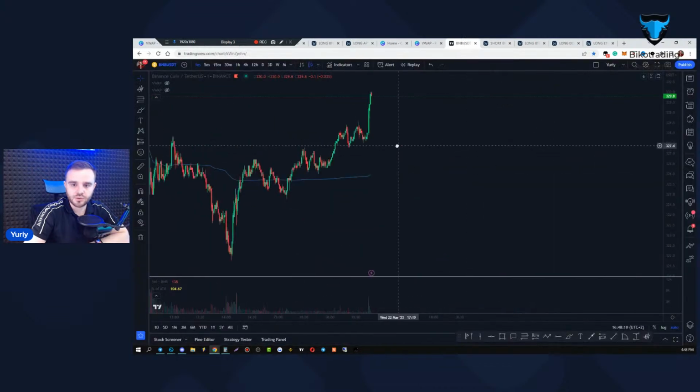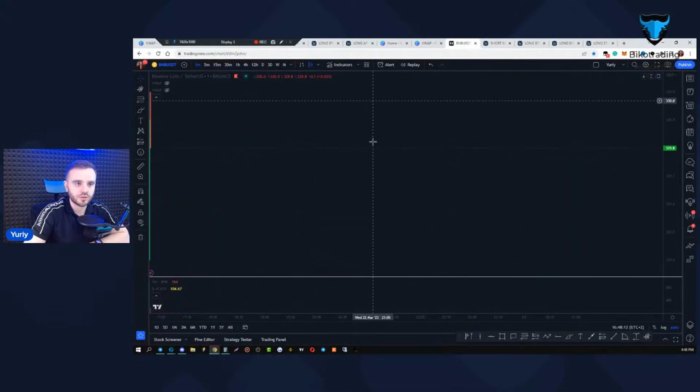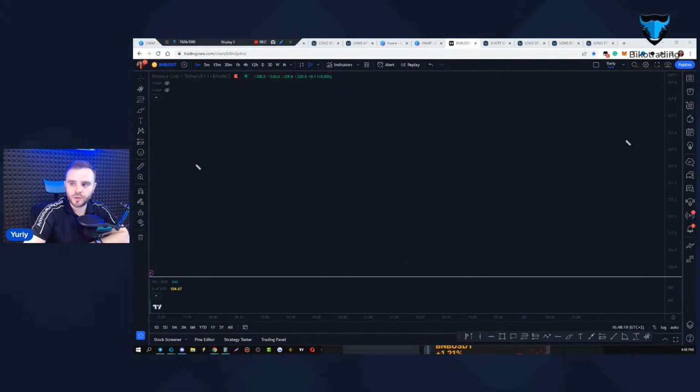Okay, let's do a summary of how you can use VWAP as a tool in the future. VWAP shows you where the value lies, where people traded most of the coins. Why will this be important for you? Because you will use VWAP in two cases.